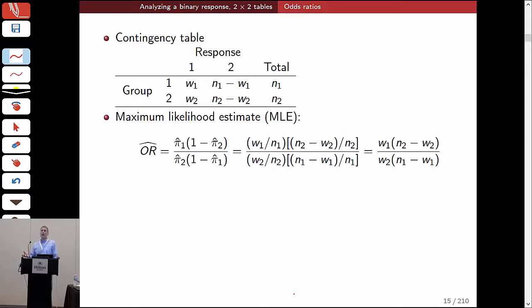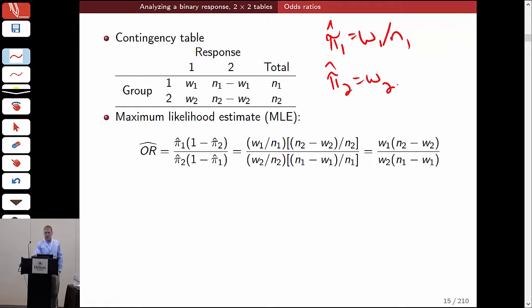Okay, so let's talk about how we can estimate an odds ratio then. So the maximum likelihood estimate for an odds ratio comes back to, well, what did we have for maximum likelihood estimates for pi 1 and pi 2?